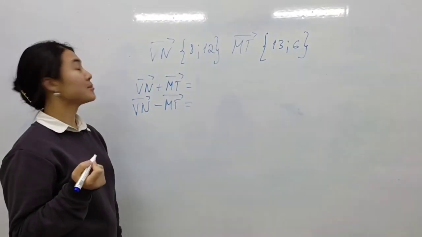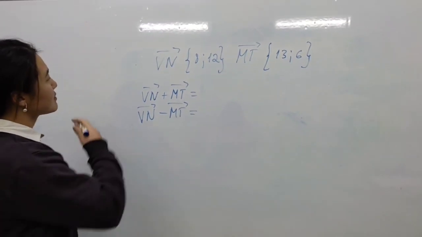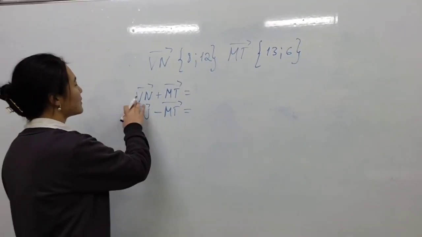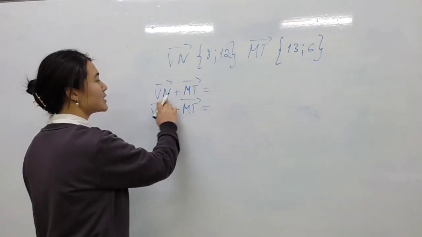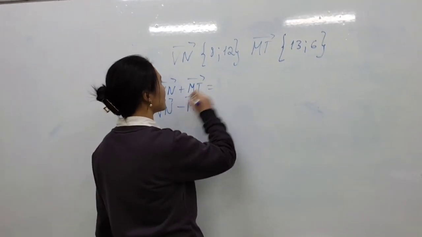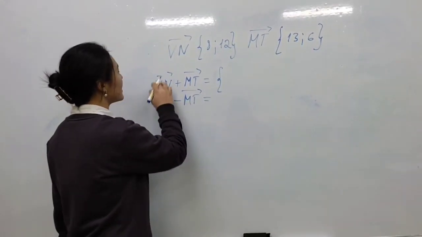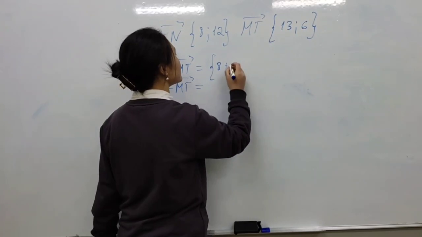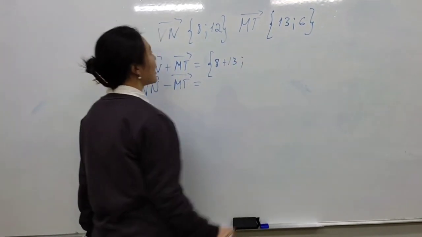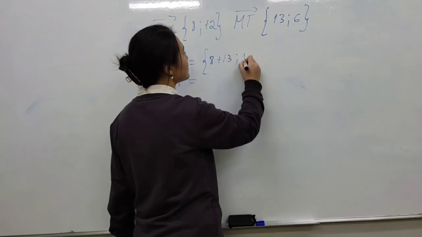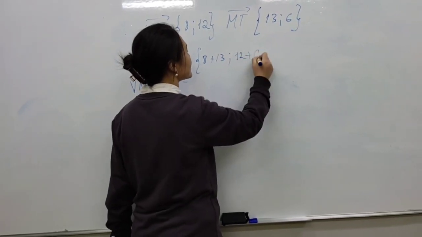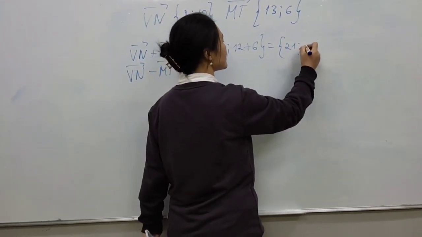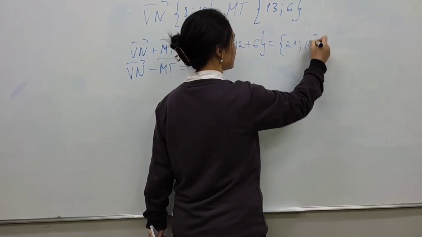Okay. The last examples, given the coordinates like this, we can find vector VN plus vector NT. Okay, VN plus NT is equal to (8 plus 13, 12 plus 6), which is equal to (21, 18).